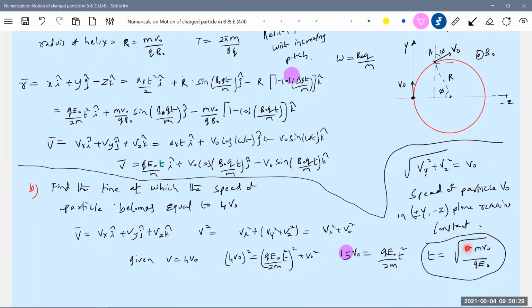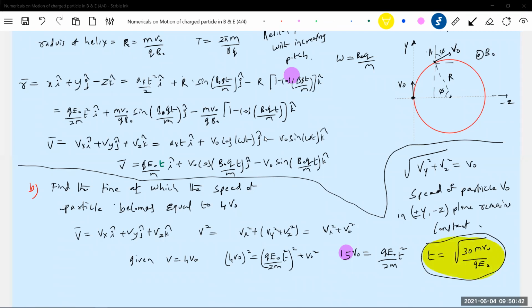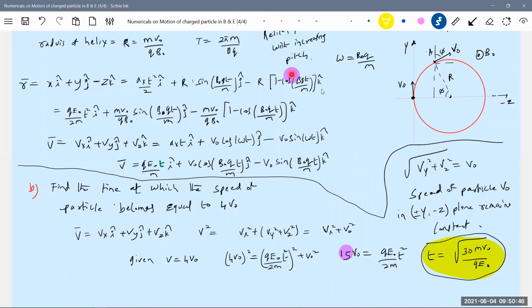I'll make changes. 30. Yeah. I made changes, 30 m v naught. We can't do anything.